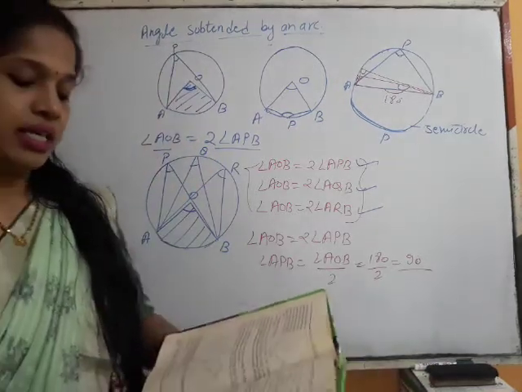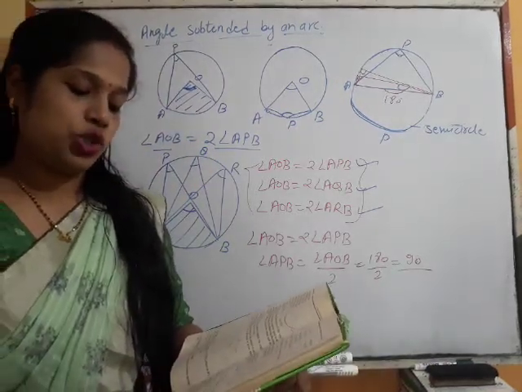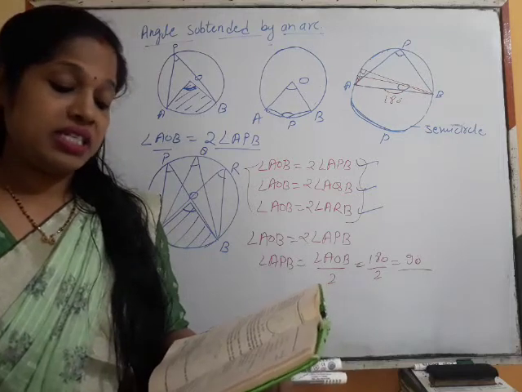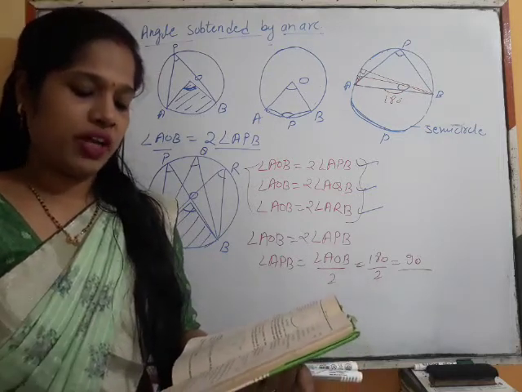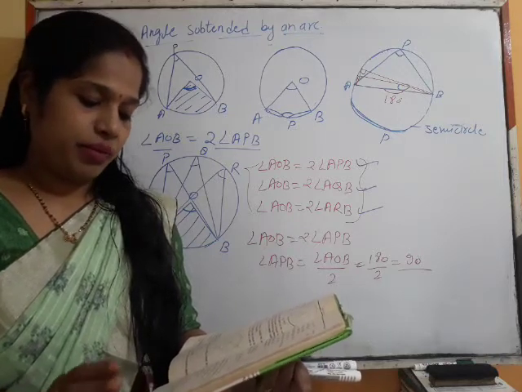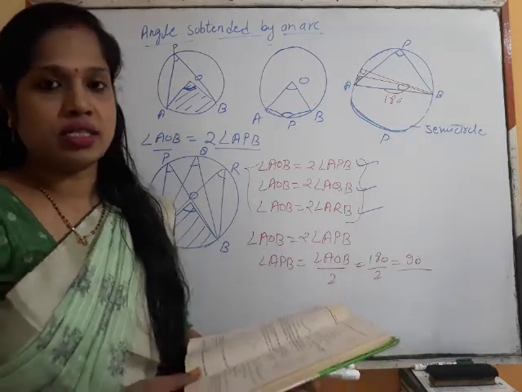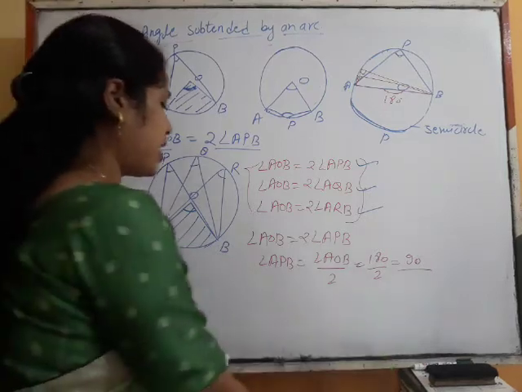Theorem 10.10 says, if a line segment joining two points subtends equal angles at the other two points lying on the same side of the line containing the line segment, then the four points lie on a circle, or they are concyclic.